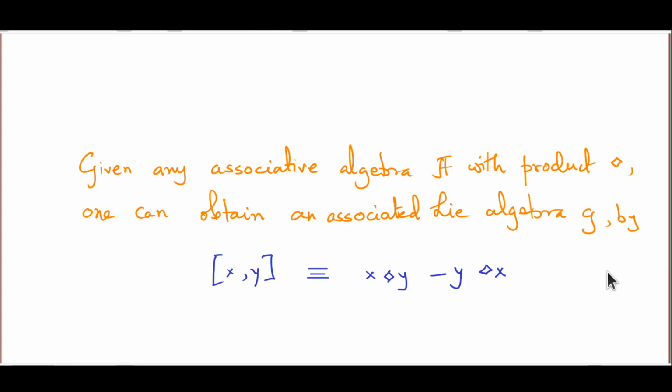So, given an associative algebra, you can always construct a Lie algebra out of it. We can talk about a Lie algebra in the abstract, on the other hand, without referring to any associative algebra from which it came, so that you don't have to think of the Lie bracket as xy minus yx. We can just think of it as an operation which takes in two vectors, produces a vector in a bilinear fashion, and has these two properties, and everything will follow from that.